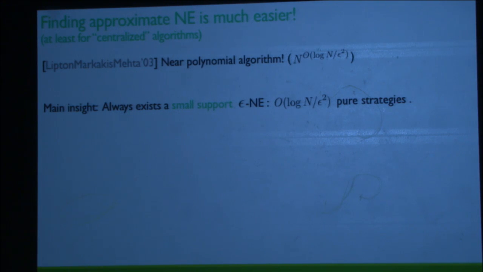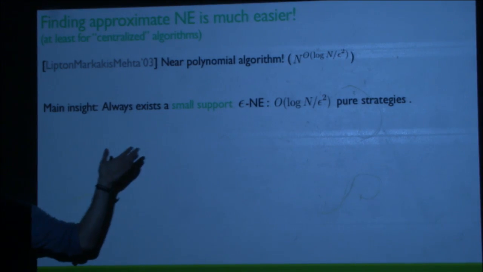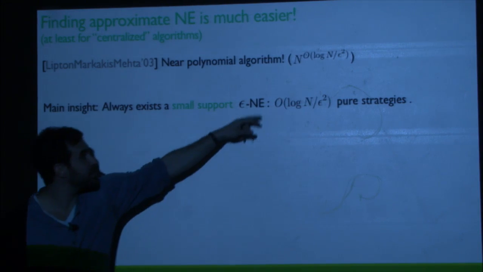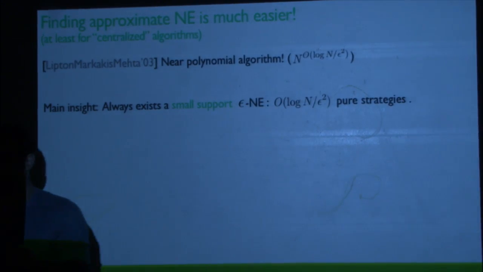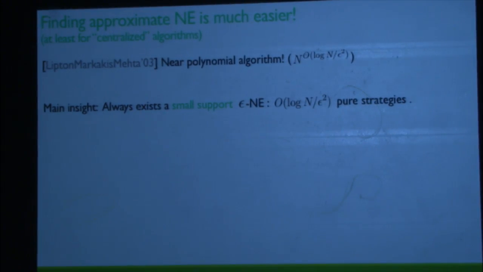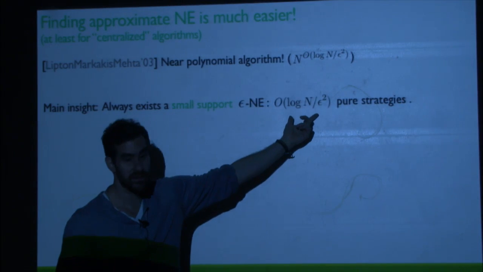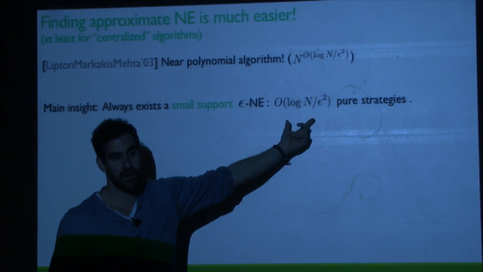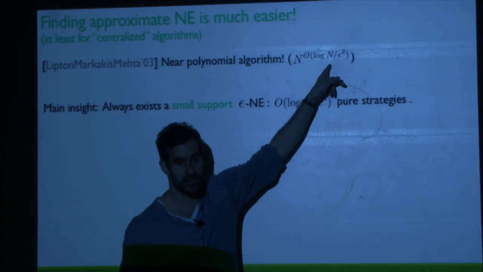It's just a matter of using a standard Chernoff bound to show that the uniform distribution over those small subsampled pure strategy sets will form an epsilon Nash equilibrium. And this immediately gives rise to an algorithm. This was an existential fact, so you actually need to enumerate all of them. You just enumerate all possible sets of size log n from n, which takes exactly this time.